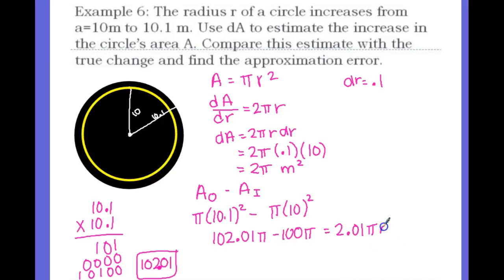Is this actually an underestimate? Oh, yeah, because my predicted is 2 pi. My actual is 2.01 pi. So I had an underestimate. So what does that tell you probably about the area of the circle? It's considered to be concave. Yeah.